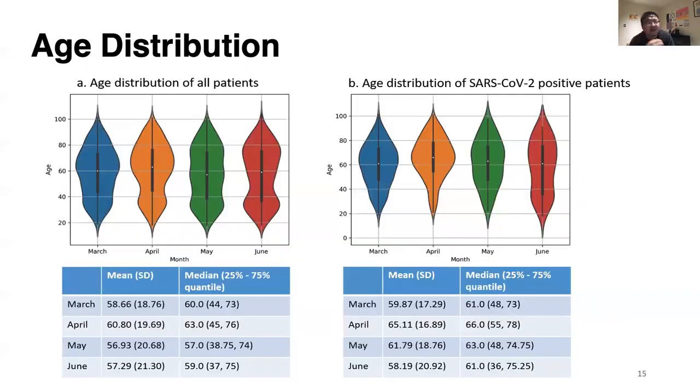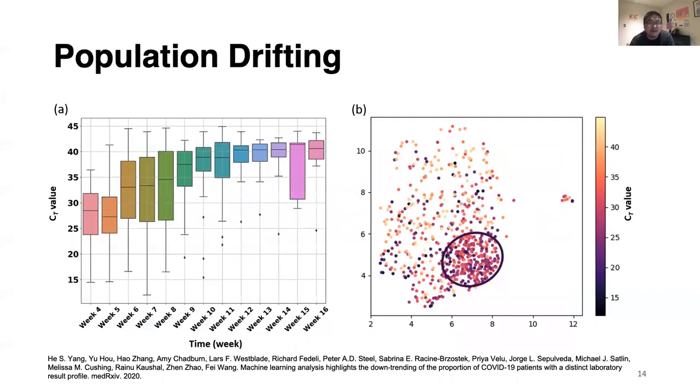There are some theories saying that over time the viral load is becoming lighter. As you can see, the CT value is becoming higher and higher. People say this suggests that the higher the CT value, the lower the viral load, so the viral load is becoming lower and lower, which means the disease is becoming less and less deadly.